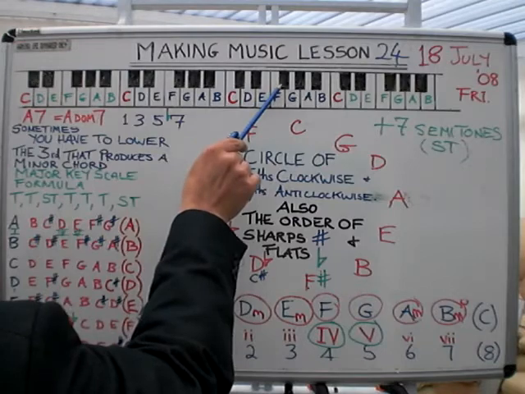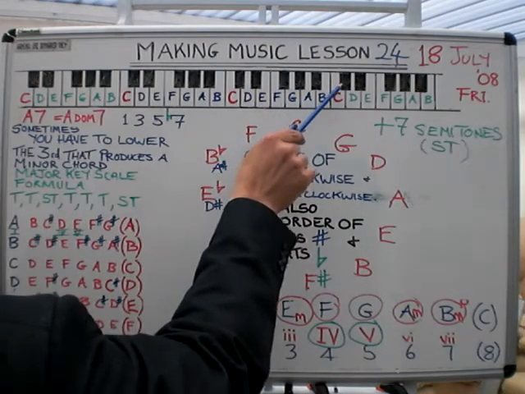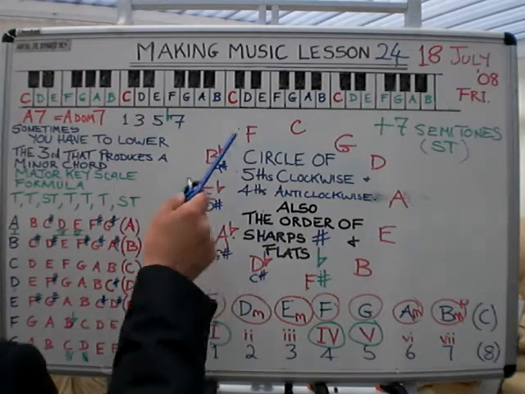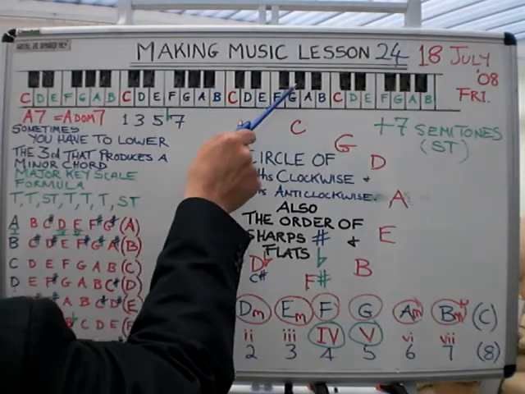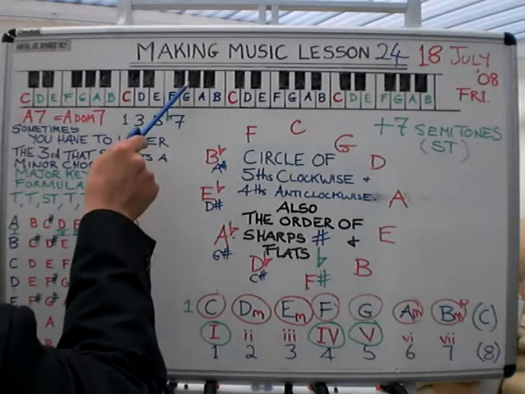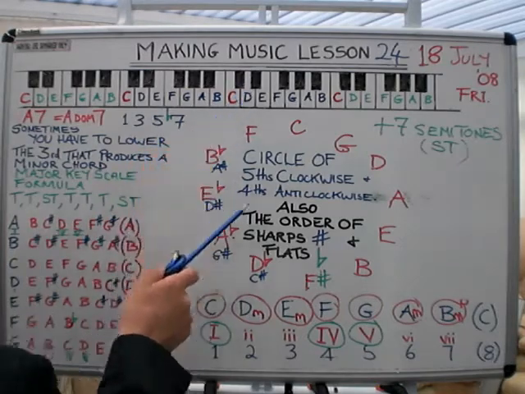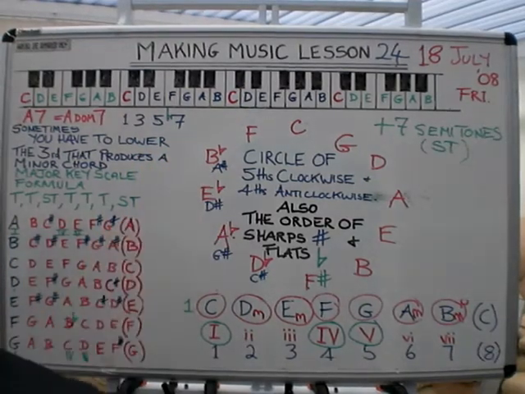If we count 7 semitones from the F sharp, 1, 2, 3, 4, 5, 6, 7, we end up on a C sharp. I've brought an additional one in here, and from the C sharp, 1, 2, 3, 4, 5, 6, 7, we end up on a G sharp. From the G sharp, 1, 2, 3, 4, 5, 6, 7, we end up on a D sharp, and again if we count 7 semitones we have an A sharp there.